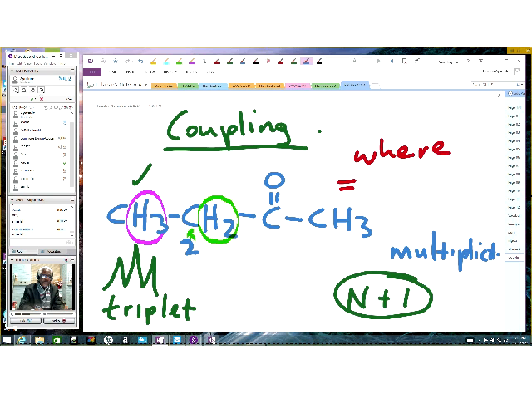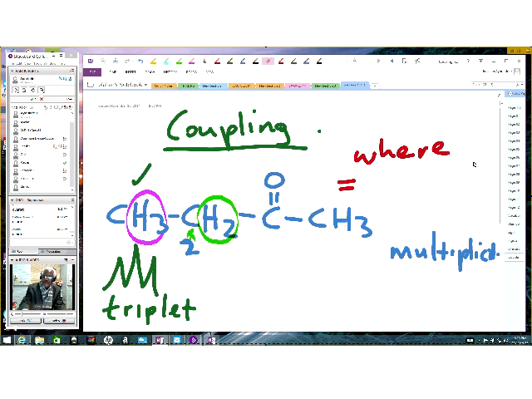Anybody has an idea? Quartet, excellent, because of the N+1 rule. Very good. So you got the idea, and we don't need to spend too much time on N+1.